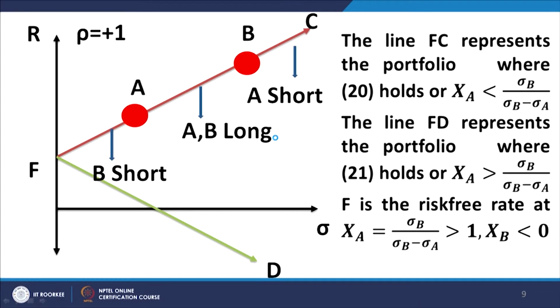Now, as far as the regions are concerned, what we infer is that in the case of perfectly correlated securities, the portfolio possibilities curve is a straight line joining the two securities and the mirror image of that line. Between A and B, both A and B are long.